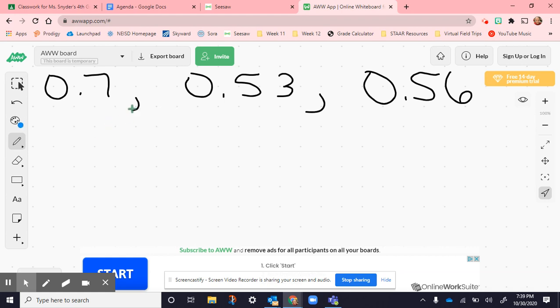So here you can add a 0 to your hundredths place because you don't have any hundredths. If there's nothing there, you have 0 of them. So we can add a 0 at the end of our decimals. Now it's really easy to see.